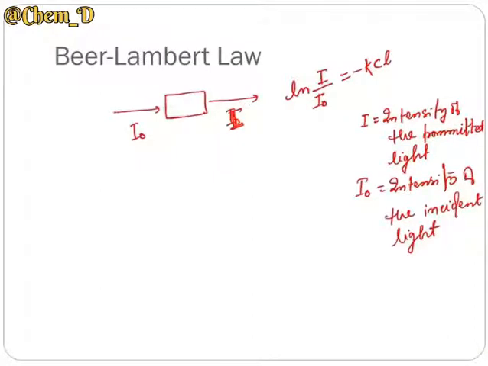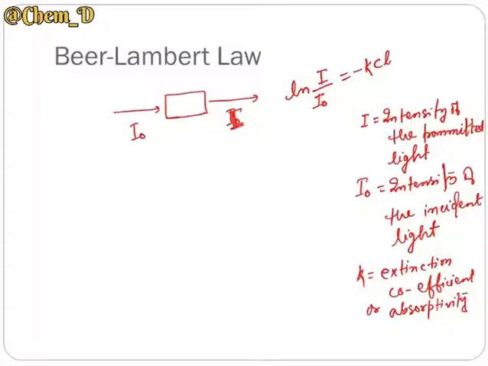K is the extinction coefficient, a constant, also called absorptivity.